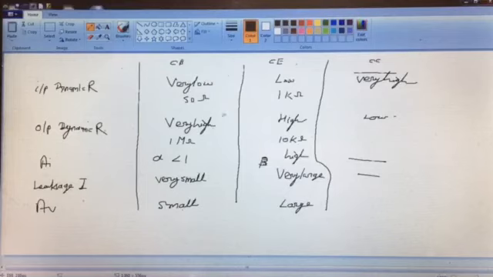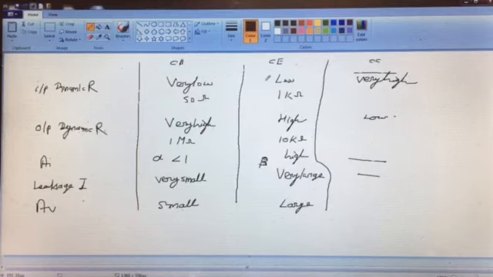The output dynamic resistance is very high in common base configuration, while in common emitter configuration it is high. Current gain is less than 1 in common base, while current gain is high in common emitter. Leakage current is very small in common base, very high in common emitter, and voltage gain is small in common base while larger in common emitter.